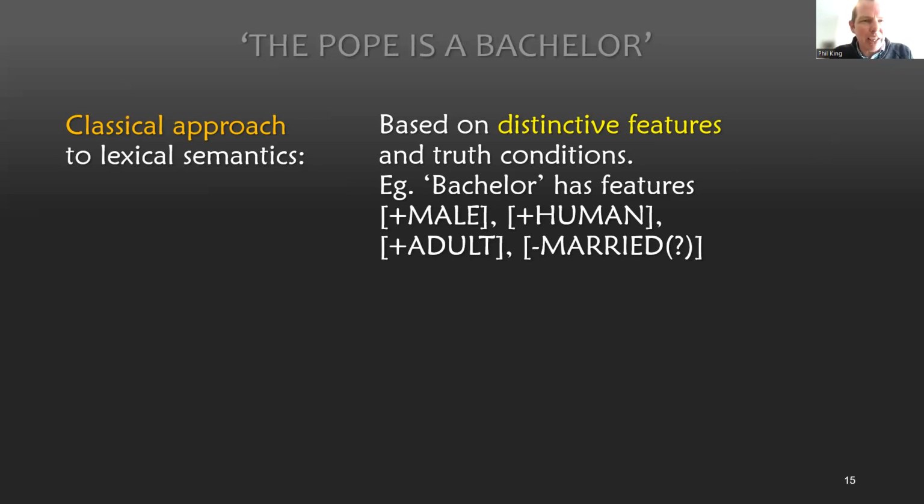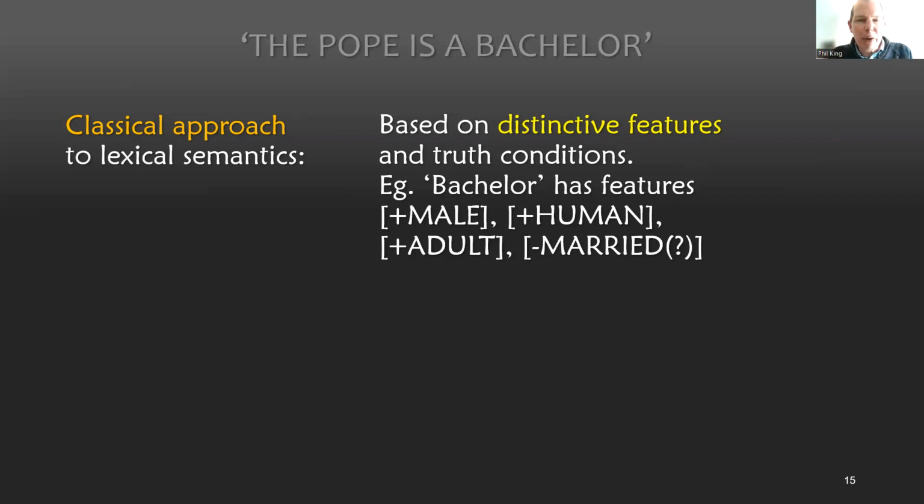So maybe a bachelor has the features plus male, plus human, plus adult, maybe minus married, if you think that these words like male, human, and married are somehow semantic primitives. Then there would be truth conditions, like entailment and contradiction, to fit these together within sentences.